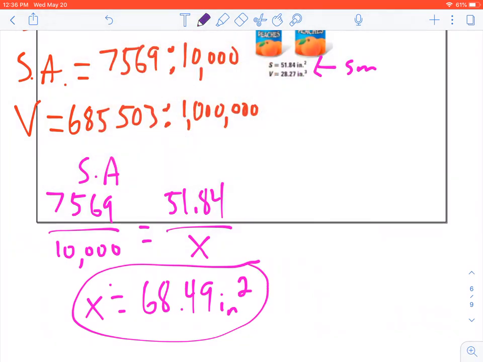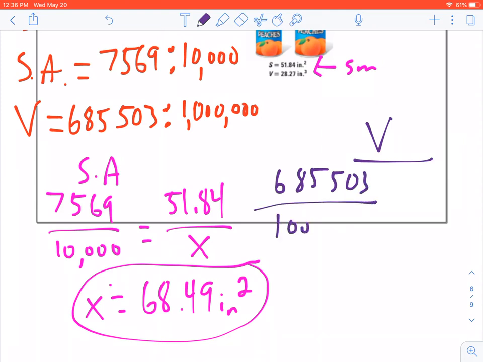For volume then, we use our ratio of volumes. 685,503 over 1 million equals, in this case, the volume of my smaller can, 28.27, over x. Cross multiply again.